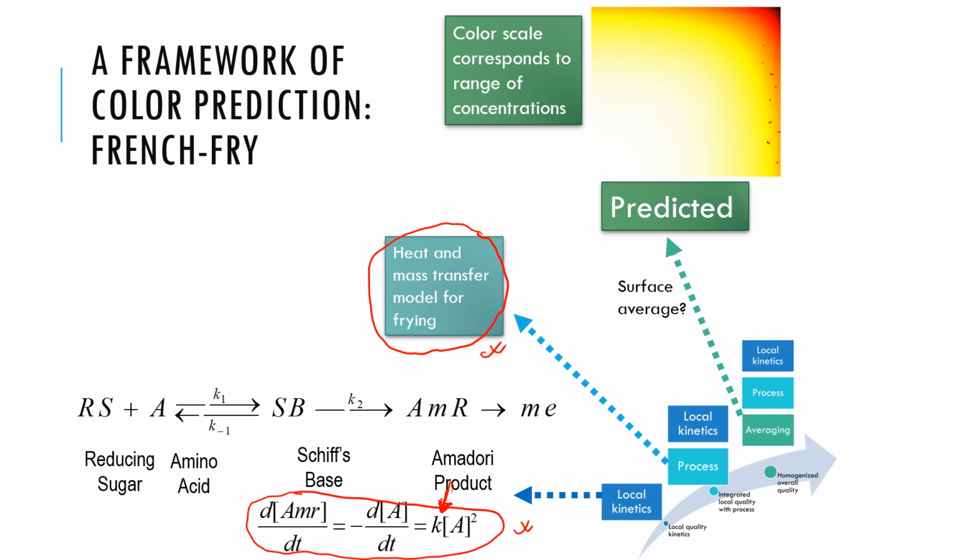So the color scale that you see corresponds to the range of concentration. So this is really false color corresponding to the range of concentrations of the product coming out of this reaction. That's how we are mapping it to color.